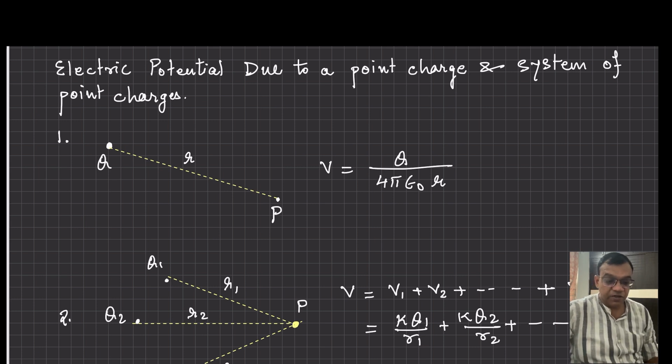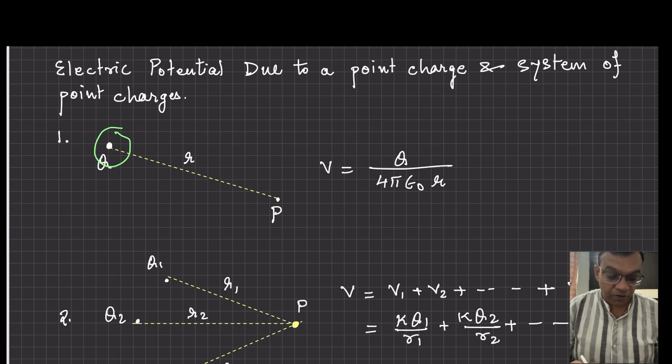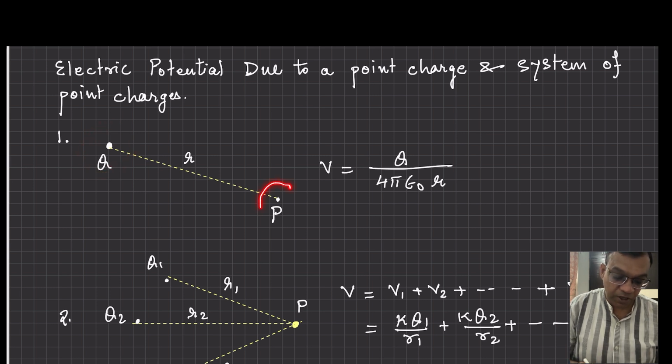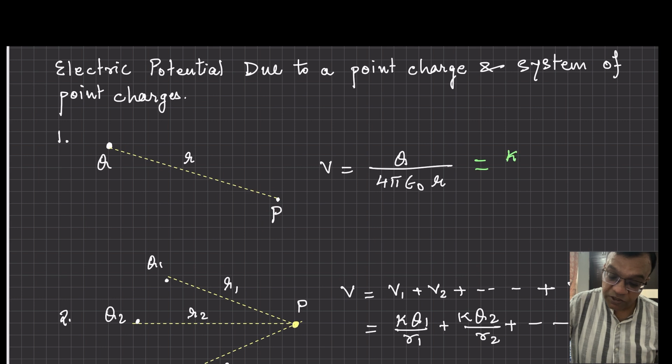So first of all, we are taking the electric potential due to a point charge and system of point charges. So if we have a point charge Q here, and we are interested in finding the field here at point P, which is at a distance r from the point charge Q, the formula is V at point P due to Q equal to Q upon 4 pi epsilon naught r, or we can also write it as kQ by r.